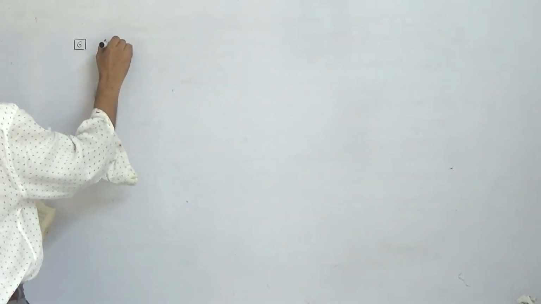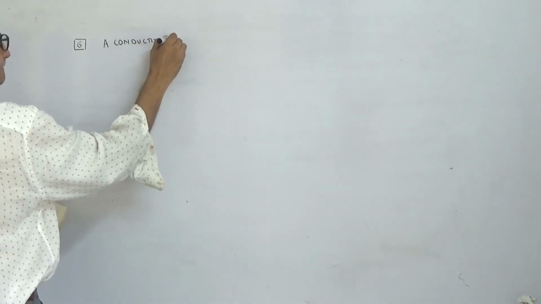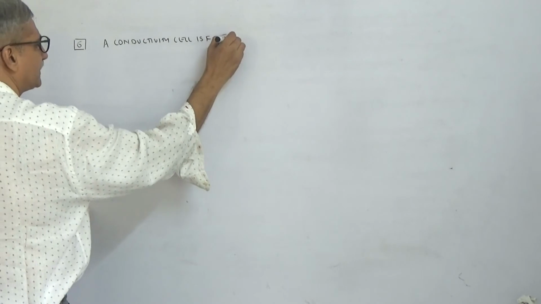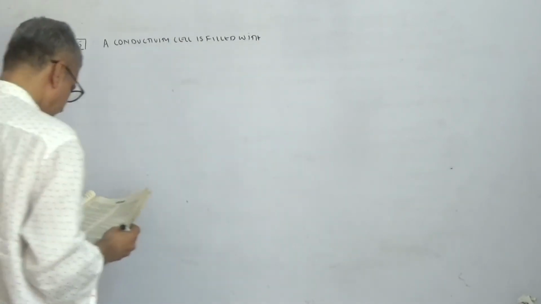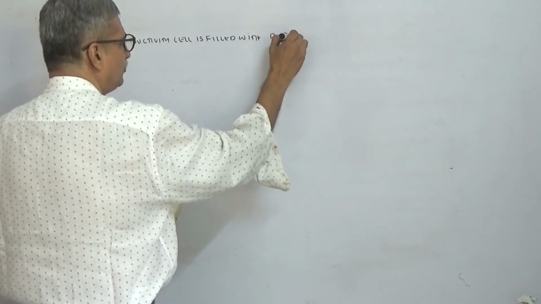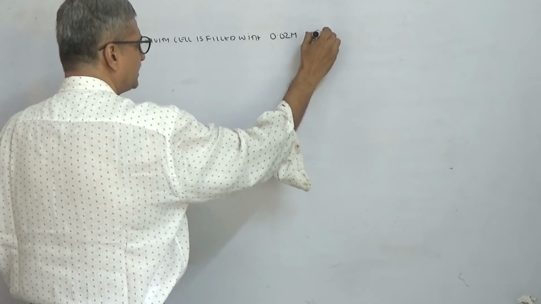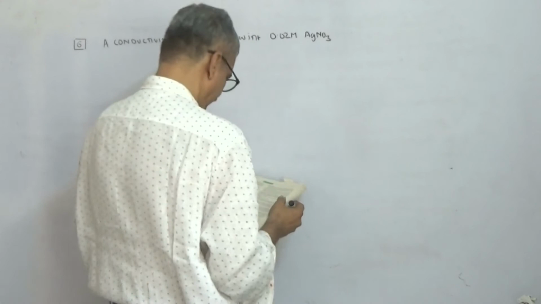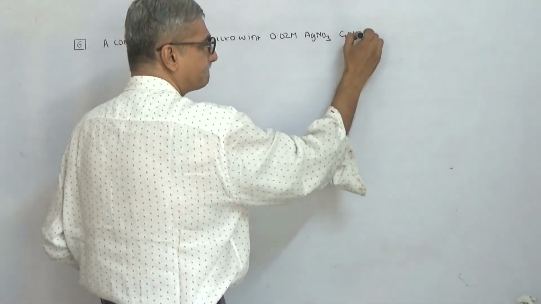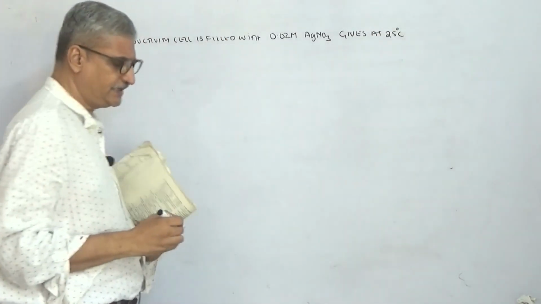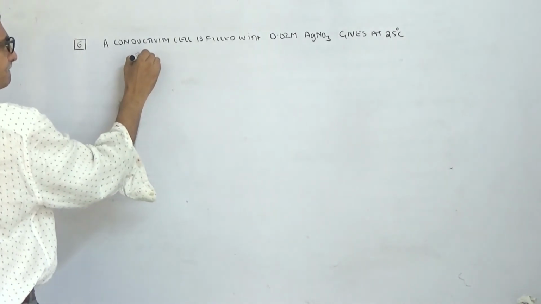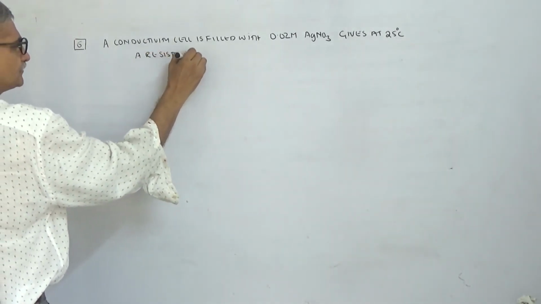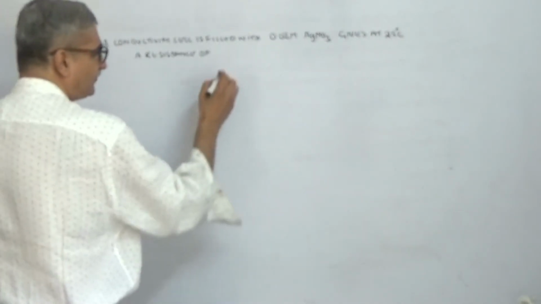Then we will go to the sixth. A conductivity cell is filled with 0.02 molar silver nitrate, AgNO3. It gives, at 25 degrees centigrade, a resistance of 947 ohms.